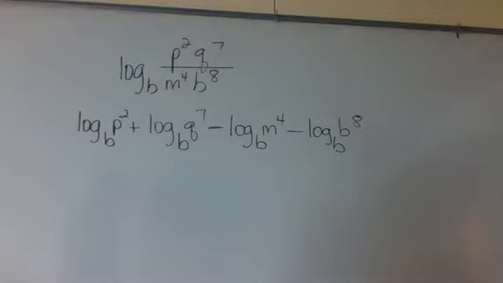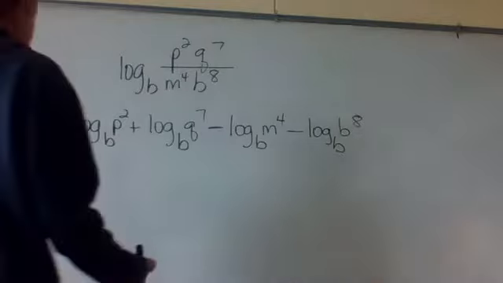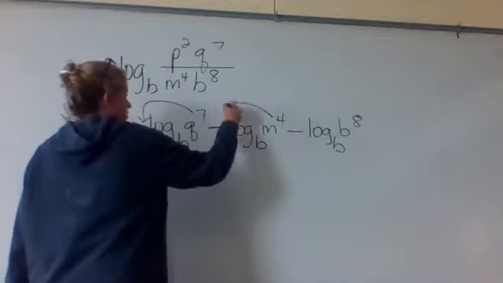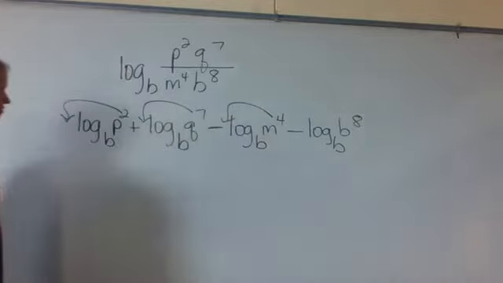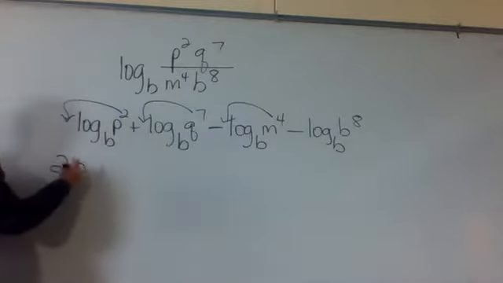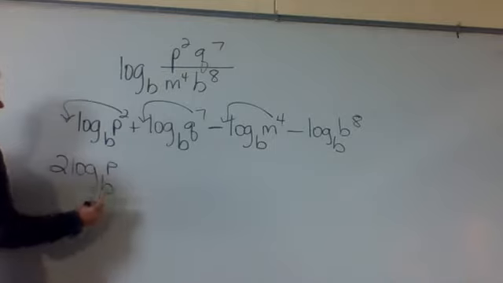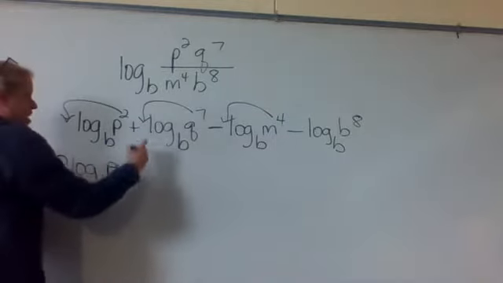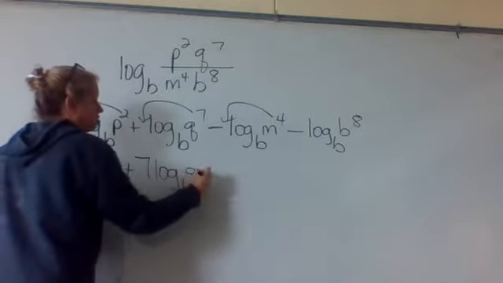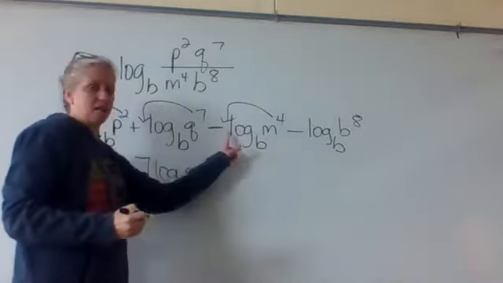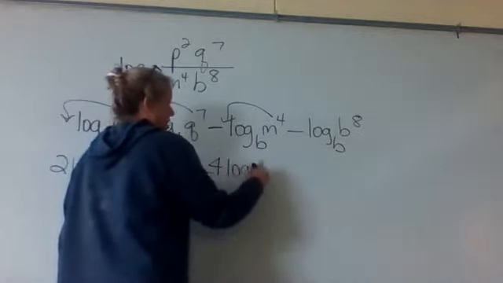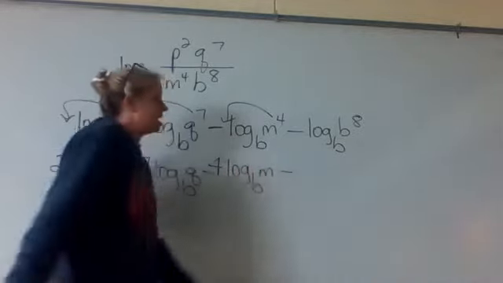Now, let's go bring down our exponents, and then we'll talk about that last one. So 2 log base b of p plus, bring down the 7, log base b of q minus, bring down the 4, log base b of m minus.